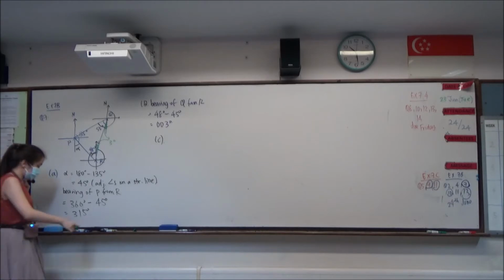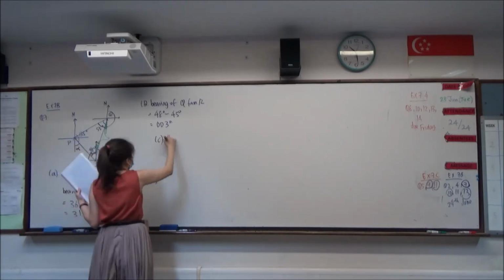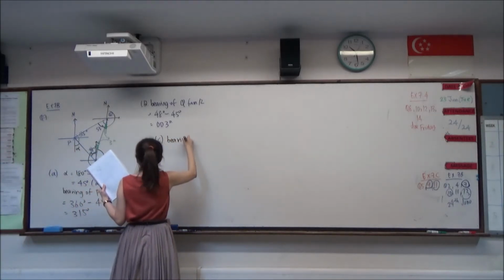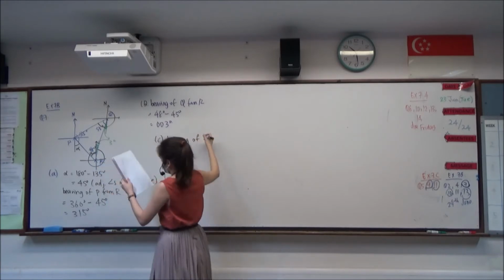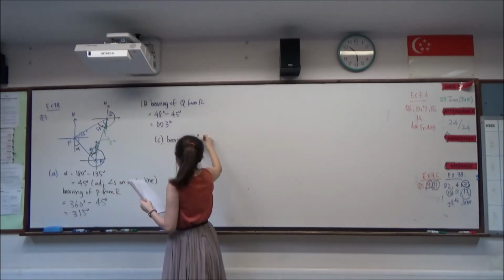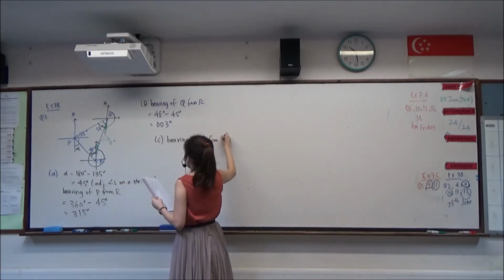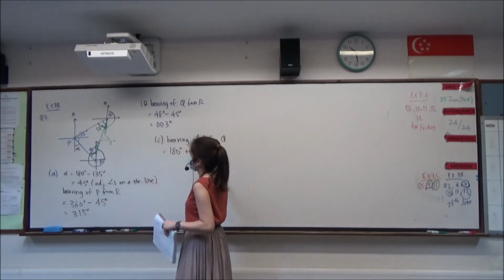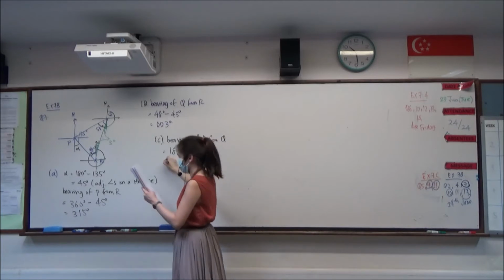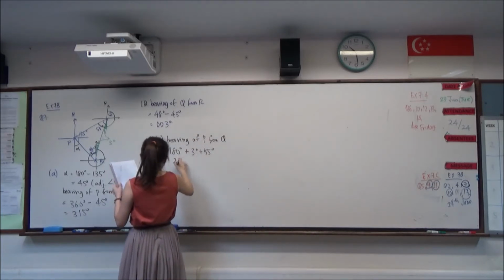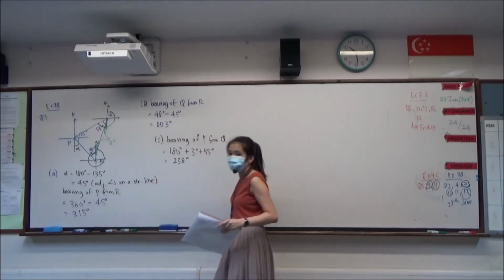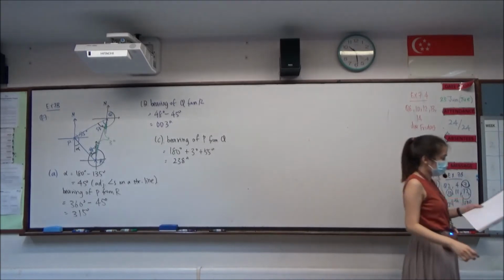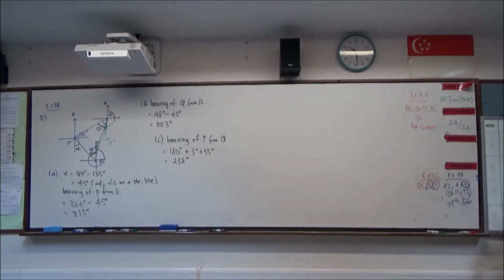Right, so therefore the bearing of P from Q would actually be 180 degrees plus 3 degrees plus 55 degrees. So we get 238 degrees. Okay?